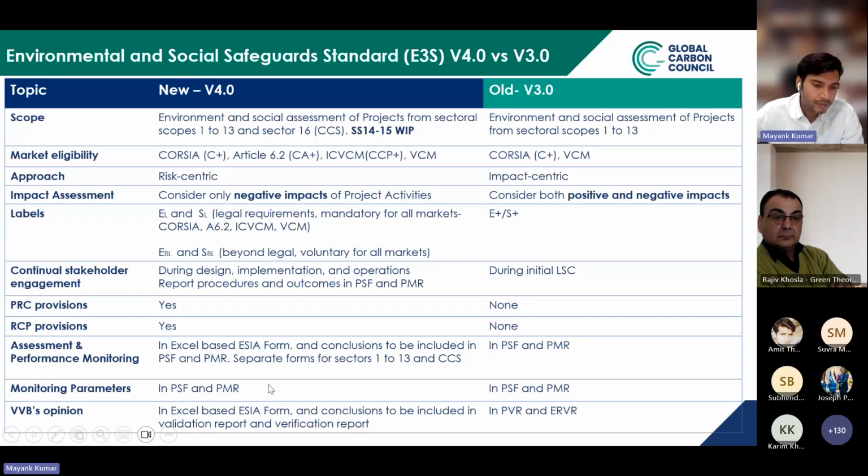Once you complete the Excel-based form, you would also have a performance monitoring plan at the end of the assessment, so you can simply capture those results and put the monitoring parameters in the PSF and the PMR. Lastly, the validators' and verifiers' lives will also become easy with the Excel-based templates, because they don't have to provide any information within the validation report. For each parameter in the Excel file the project owners have submitted, they can provide their opinion within the Excel file.